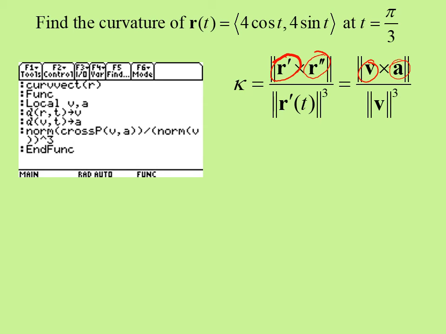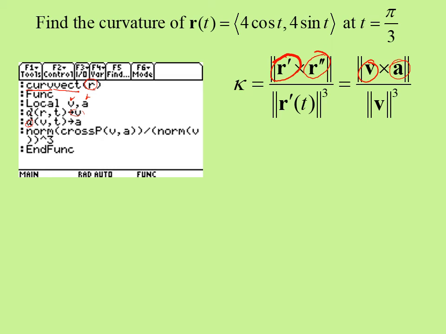You can see on my program for the TI-89, I've called this curvature, CURV, of a vector function. And then the vector function would be given in parentheses when we call the program. So we're going to use, like in our formula, a v and an a. We do the derivative of r, store that in v.